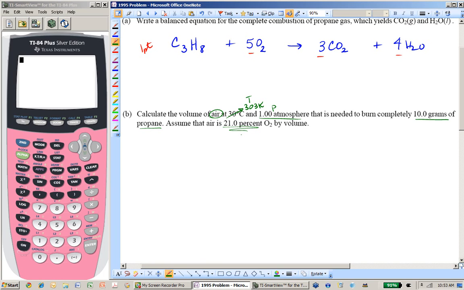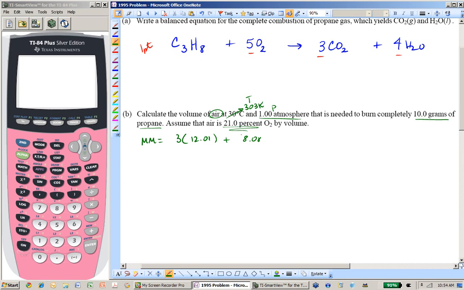First, I need to get that 10 grams into moles, because I have a temperature, I have a pressure, they want me to solve for a volume, so I've got the whole PV equals nRT thing going on. So let's get the molar mass for propane first. That molar mass is going to equal 3 times, get your handy-dandy periodic table out, unless you've already memorized that carbon is 12.01, plus 8 hydrogens at 1.01 each.